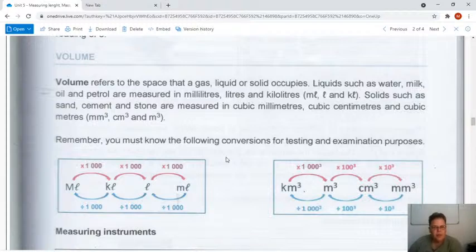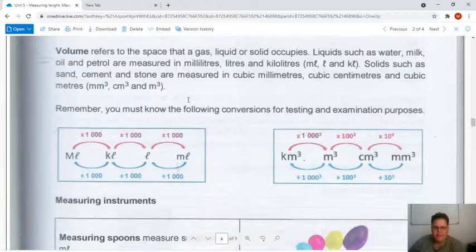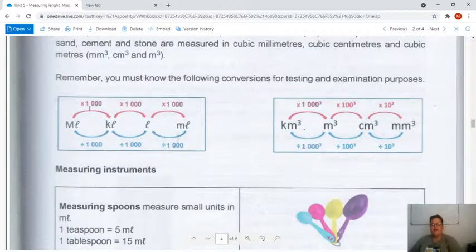So we were at solids such as sand, cement, and stone are measured in cubic millimeters, cubic centimeters, and cubic meters. Again, look at the abbreviation. Again, here are conversions.